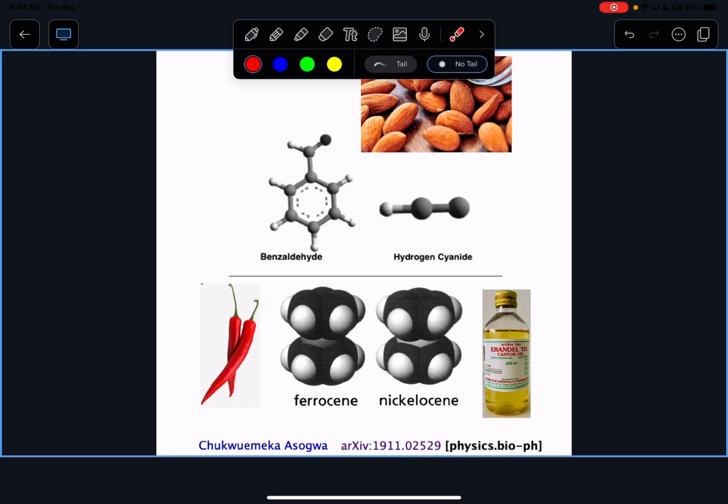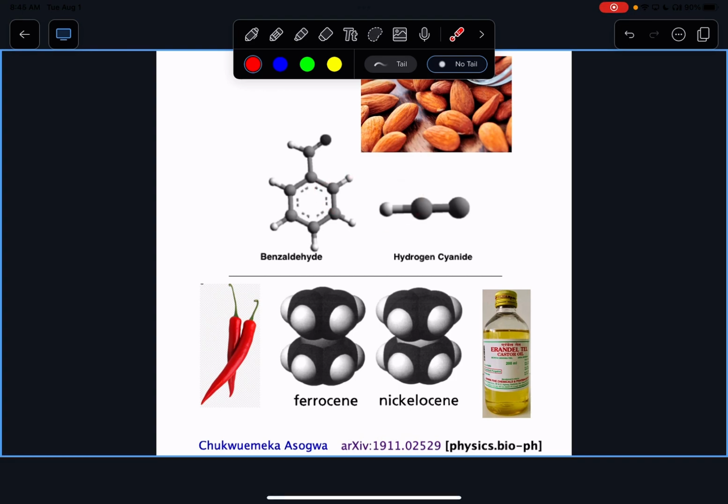So what do they smell like? It turns out that these two, which look very different, both smell like bitter almond. There's no way they should smell the same, but it turns out they smell the same.